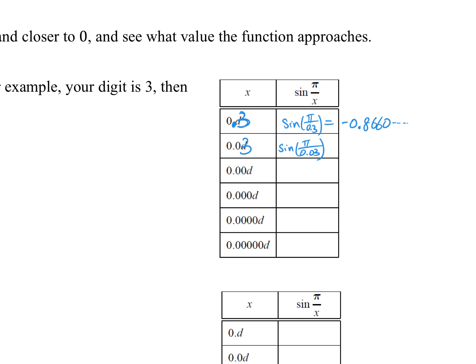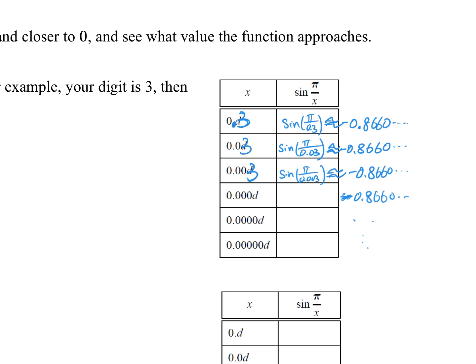And if you compute the next one, sine of pi over 0.003, the value is approximately equal to, because there are many more decimals there, negative 0.8660, etc. Now, if you continue to plug in smaller values, it's like that, okay?